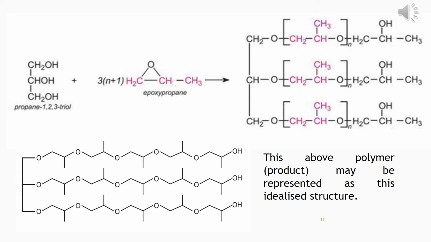So the above polymer products may be represented as this idealized structure. Here, in the structure shown down, the carbons are shown in the form of chains.